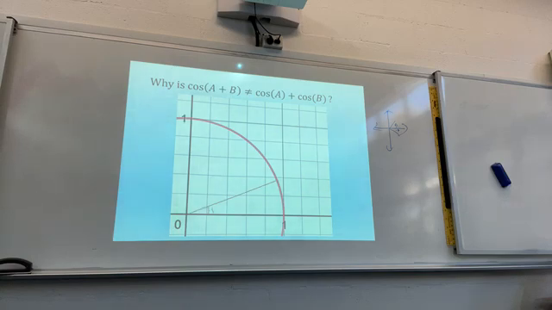This is A and this is B. Now, what is A plus B?